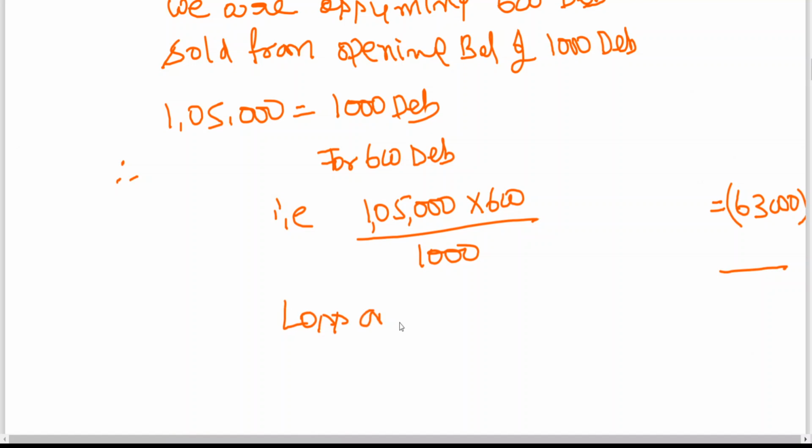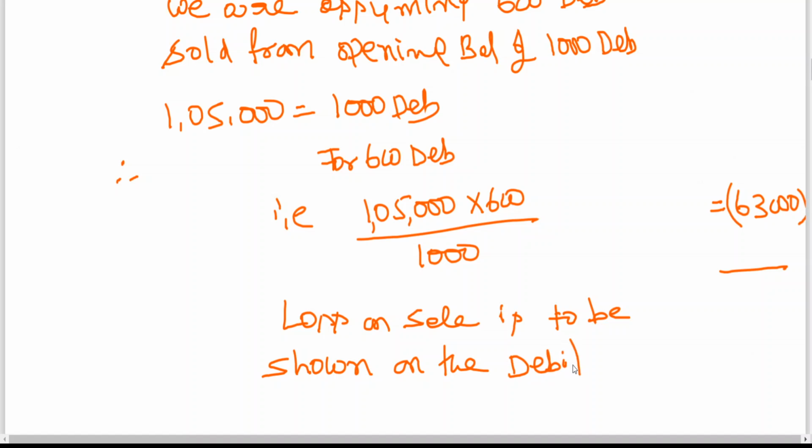Loss on sale is to be shown on the credit side of the cost column.